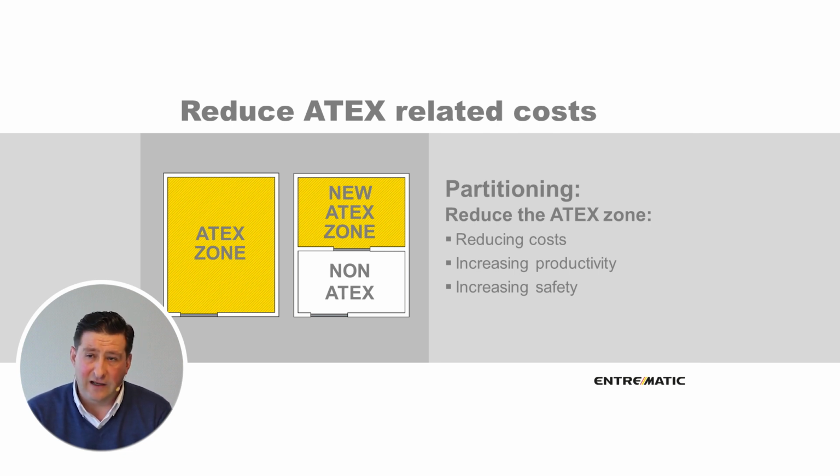It also increases the safety because your personnel can continue to have an easier flow in the non-ATEX zone, but still a good accessibility to the ATEX zone in a safe way.